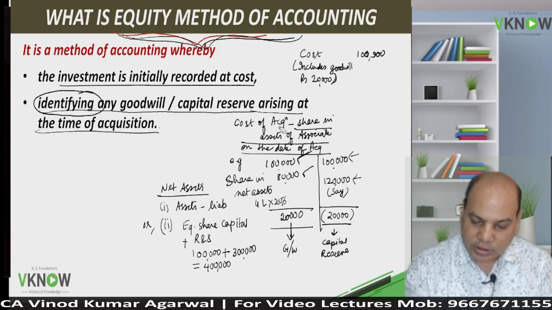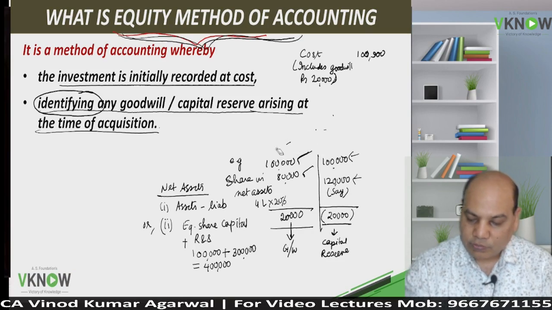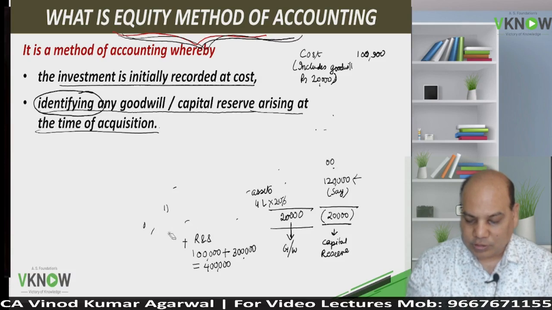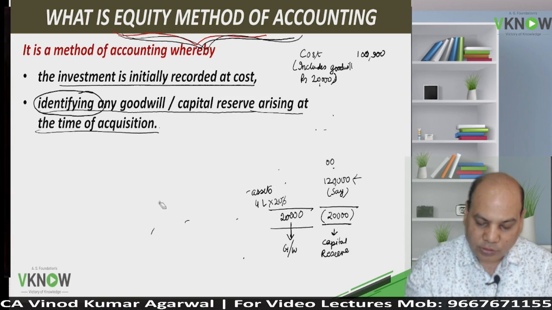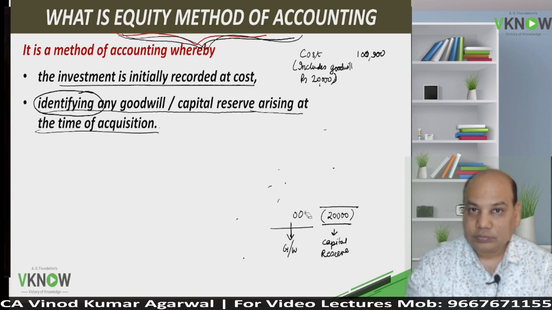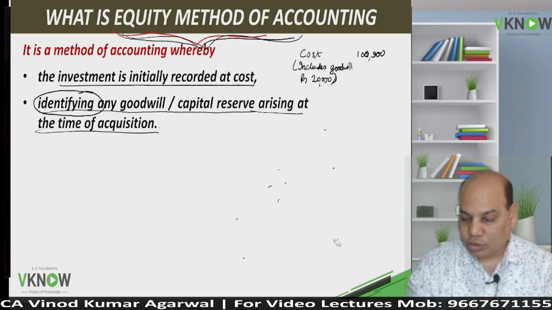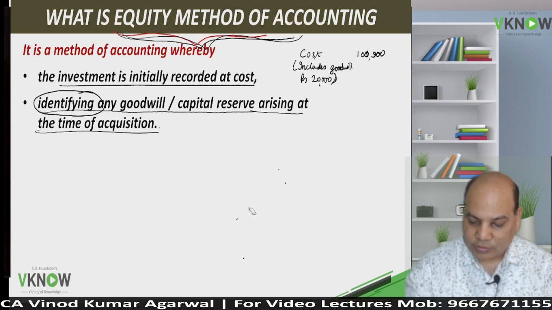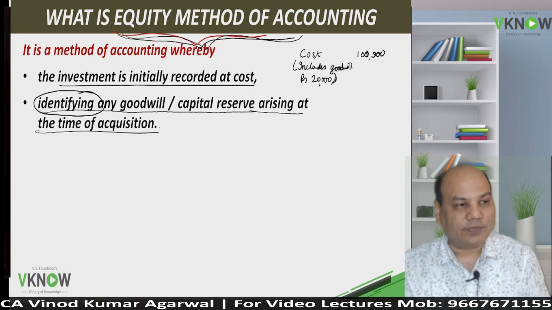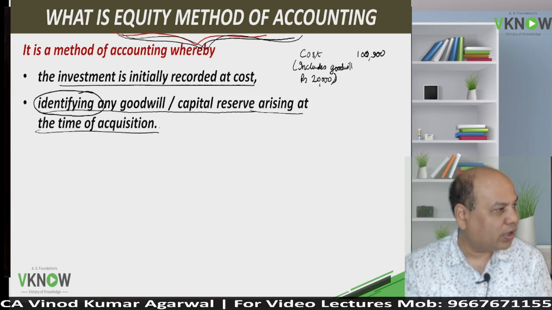You have to identify any goodwill or capital reserve at the date of acquisition. Goodwill is the difference between cost of acquisition and the share in the net asset of the associate on the date of acquisition. Capital reserve is, if you are getting a negative answer, then we will call it a capital reserve.